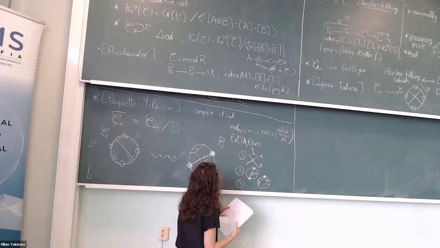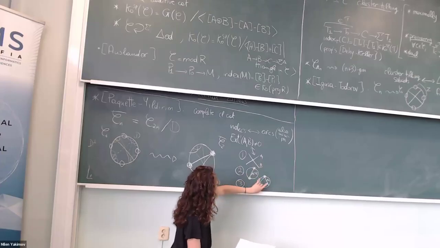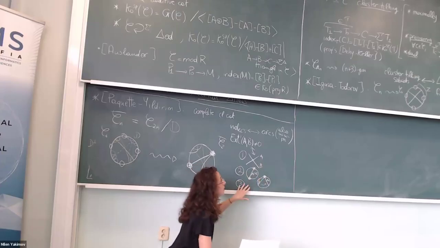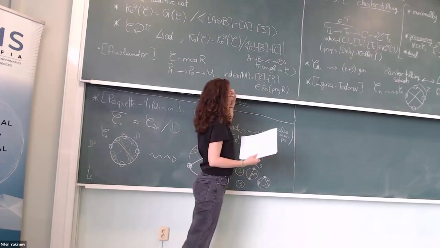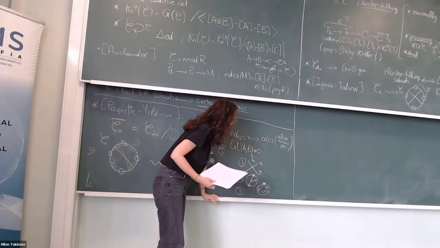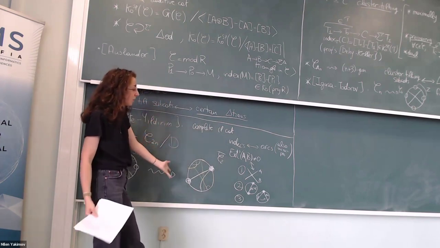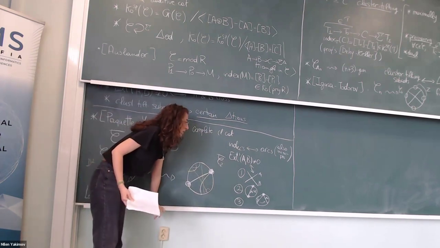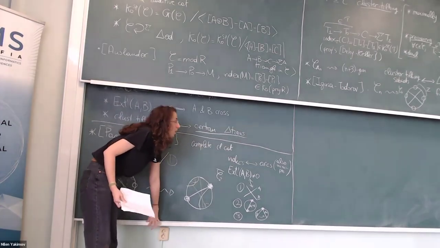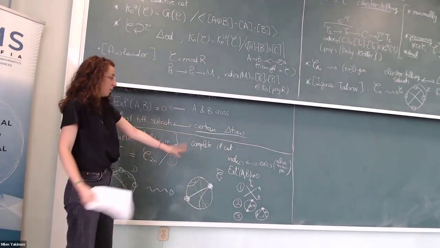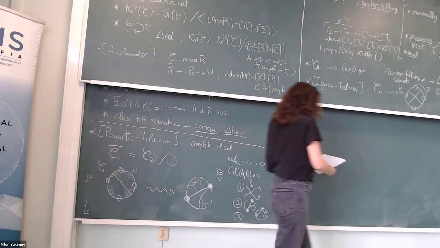So in this case, Ext^1 between A and B is non-zero, but Ext^1 between B and A will be 0. So this category is still a very nice triangulated category, but has lost some of the properties we had before. For instance, it's not Calabi-Yau anymore, and it actually doesn't have a Serre functor at all. But it's still a very nice combinatorial category.